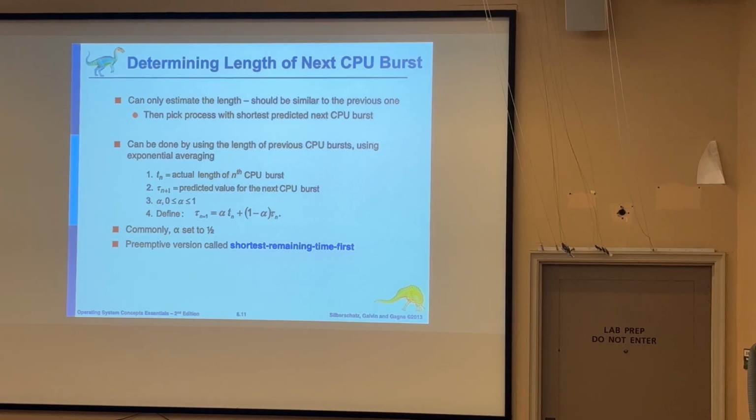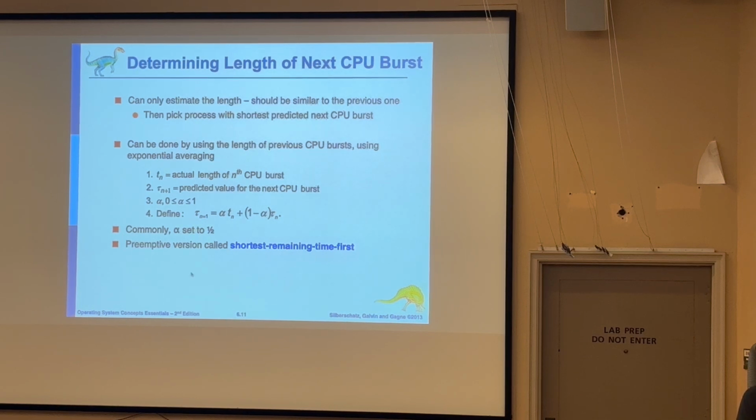It is equal to Tn, which is the CPU burst in the previous time slot, plus the prediction that you made for the previous CPU burst. And you use them to predict the next CPU burst.